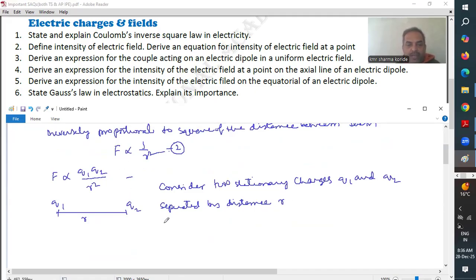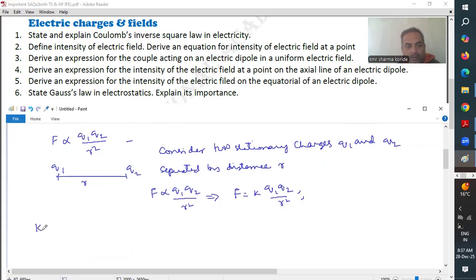Keeping the statement in mind, again writing the same, including first and second equations, we write F equals K Q1 Q2 by R square, where K is the proportionality constant, which is equal to 1 by 4 pi epsilon.